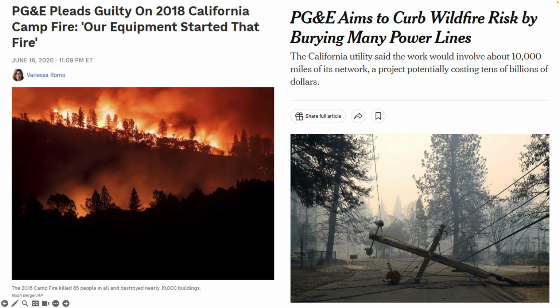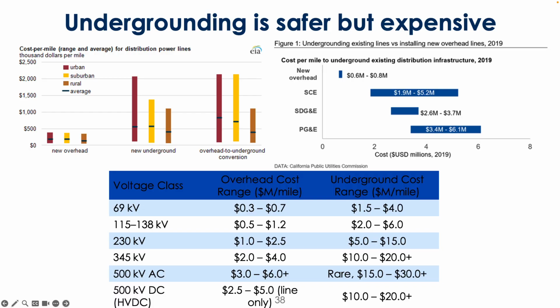So we call this undergrounding. And undergrounding is definitely safer, but it's also a lot more expensive. Okay.